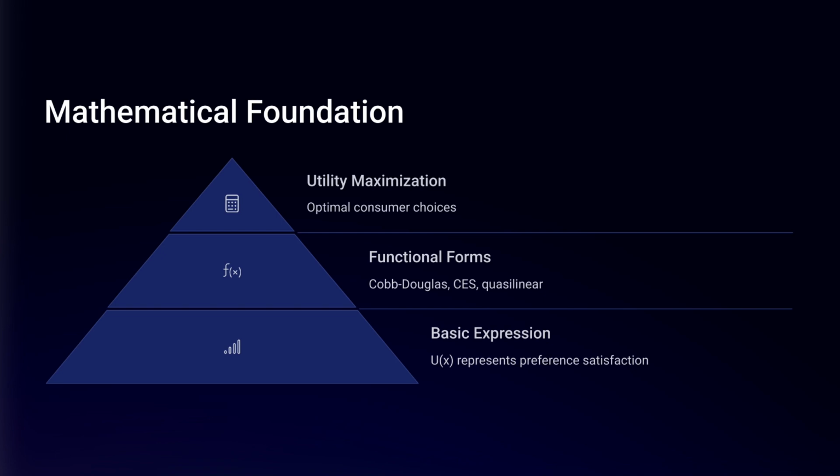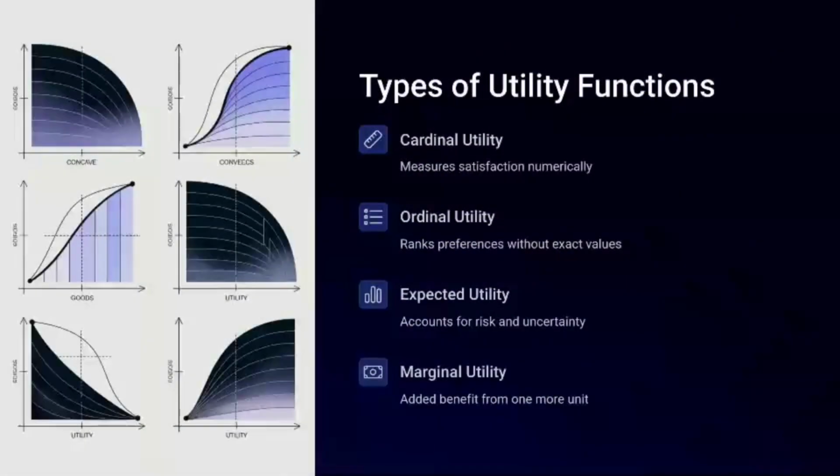To clarify, a math function is a rule that takes an input or set of inputs, performs a specific operation on them, and produces an output. A utility function, therefore, is a mathematical equation or rule that describes how individuals or households derive satisfaction or utility from their consumption of different goods or services.